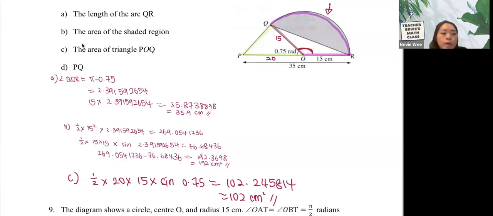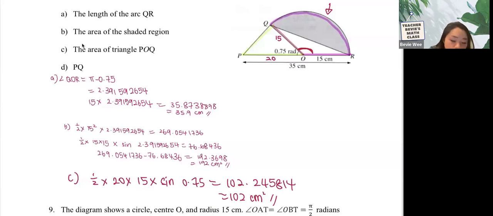Okay, should we use sine rule or cosine rule from here? Send me sine or cosine. Okay, my question was, should we use sine rule or cosine rule from here? Denzel, good.